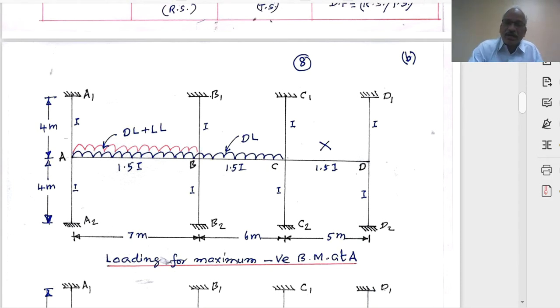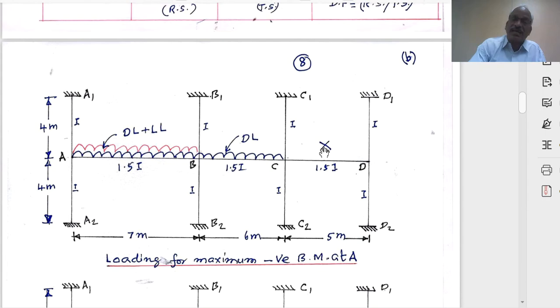We cannot avoid it. Dead load will be there on spans AB, BC, and so on. But where to apply the live load? Live load will be applied on the adjacent span. That is, span AB will be loaded with live load and dead load, and span BC only with dead load.